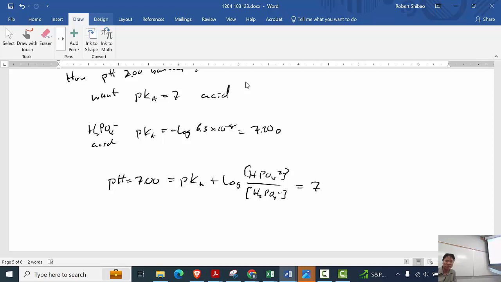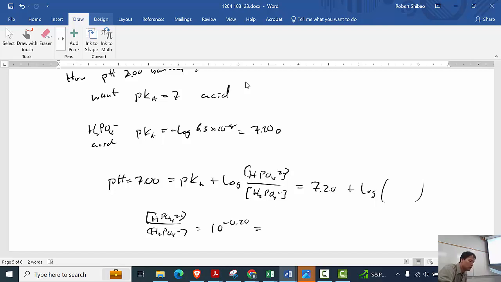And so we just add a little bit more acid than base and we should be right there. So this is going to be 7.20 plus the log of this ratio, and then we're going to subtract this. And so the ratio HPO4 2- to H2PO4- is going to equal 10 to the minus 0.20, which I get as 0.63.